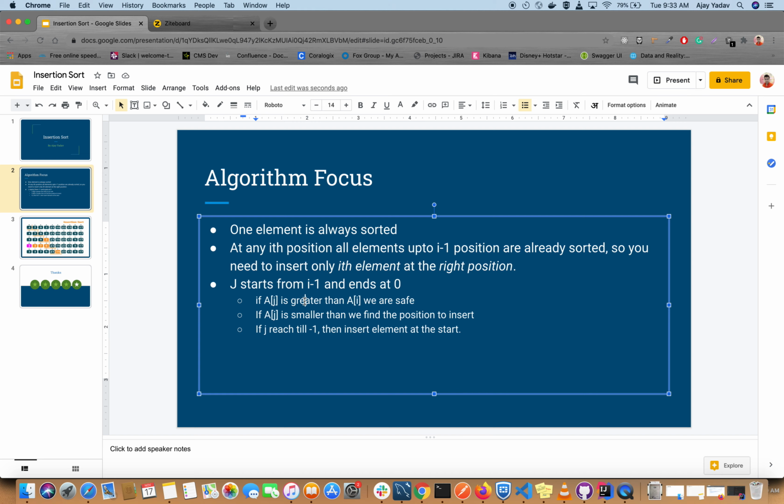How will we insert? We will take another pointer from i-1, which will move backward till 0. It asks if my current element is smaller than the previous element. If no, the element will be inserted there. If yes, smaller, then move the previous element to the next position and find its place at the correct point.